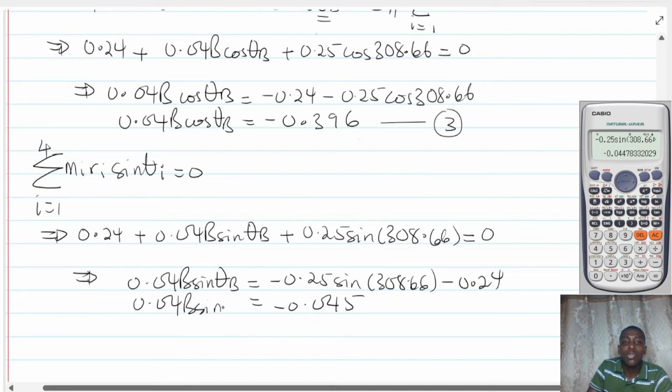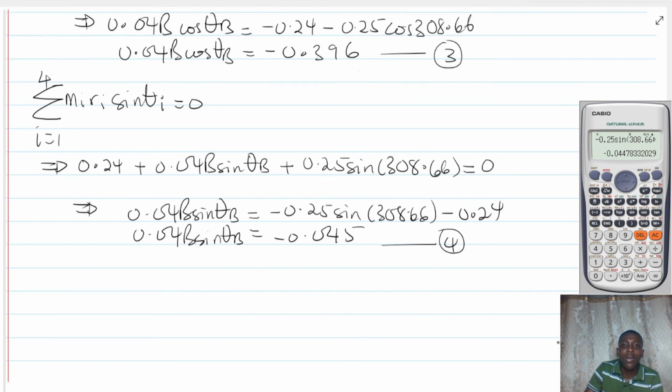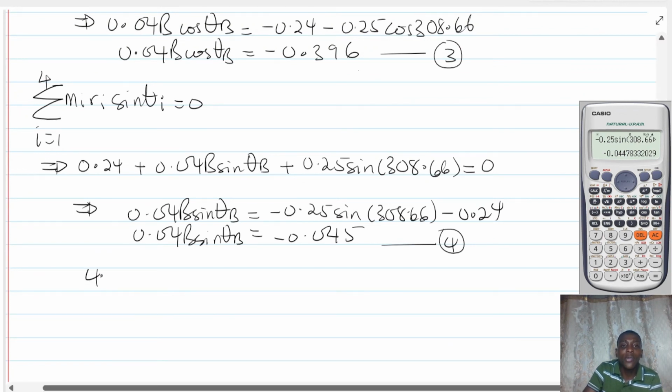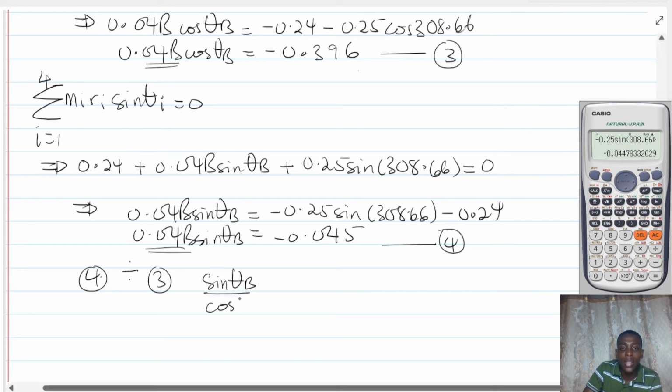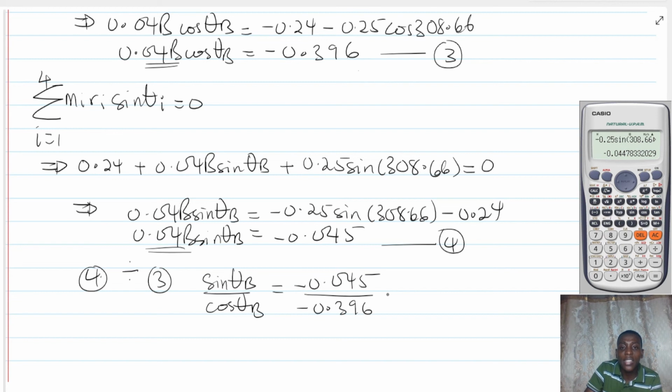Okay, so now two equations, two unknowns. I will be able to solve for b and theta b. So I will divide equation 4 by equation 3. Since I have 0.04b here and here, it cancels out, and sine theta b divided by cosine theta b will give us tan theta b. So it is minus 0.045 divided by minus 0.396.